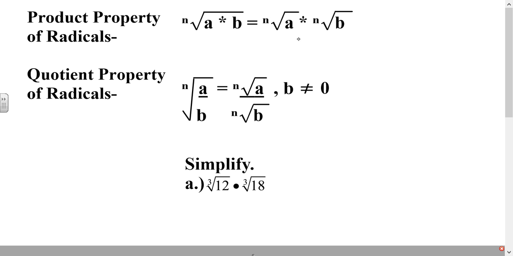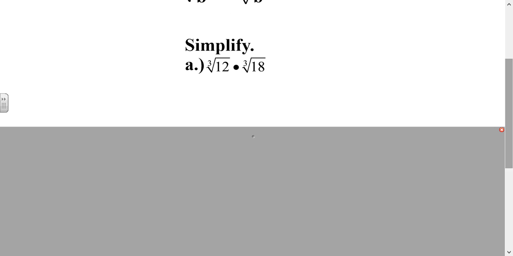So I can multiply the 12 and the 18 and make it under one cube root. So I would get the cube root of 216. Now I can see if I can take the cube root of 216, and I can. It is 6, because 6 to the third power is 216.